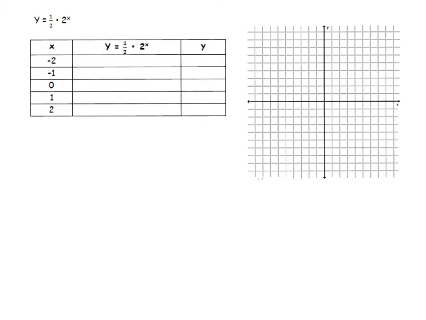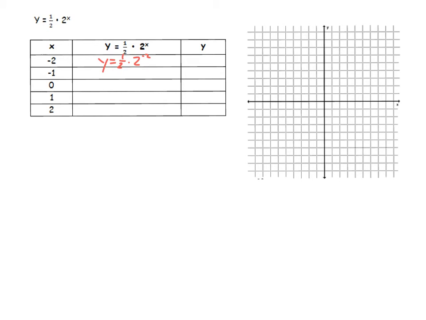Okay, so let's go ahead and try one more graph of exponential growth. We're going to start with y equals 1/2 times 2 to the negative 2 power.